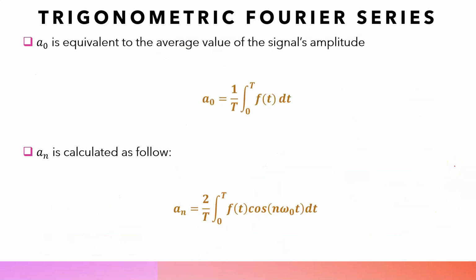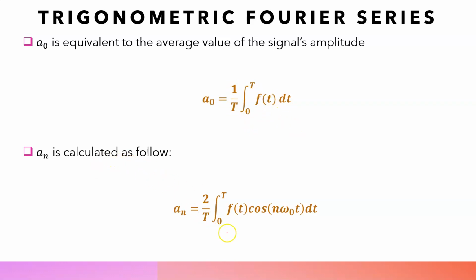Now let's have a look at the formulas to calculate the coefficients of the trigonometric Fourier series representation. You can calculate A0, which is the first coefficient, equivalent to the average value of the signal's amplitude, given by this formula. So you have 1 over T and integrate the function for the whole period.